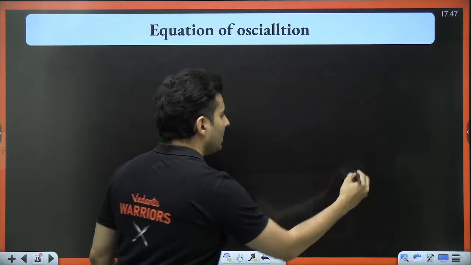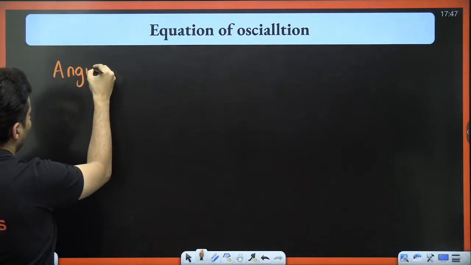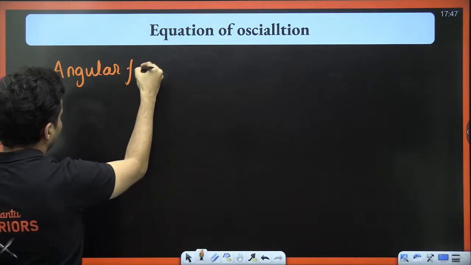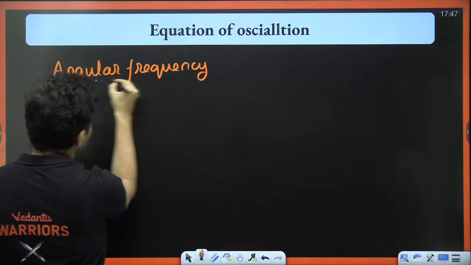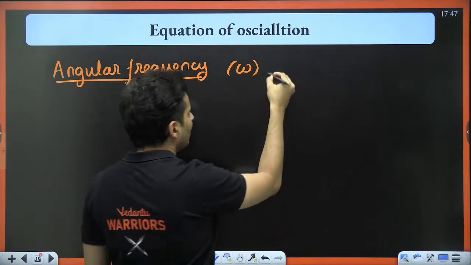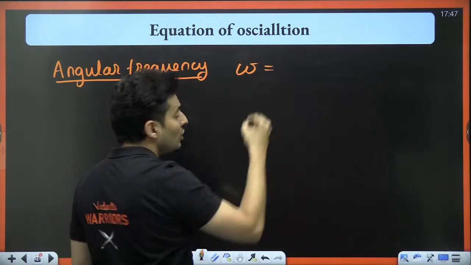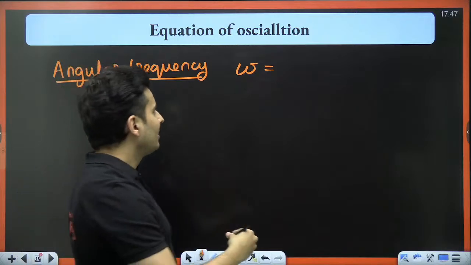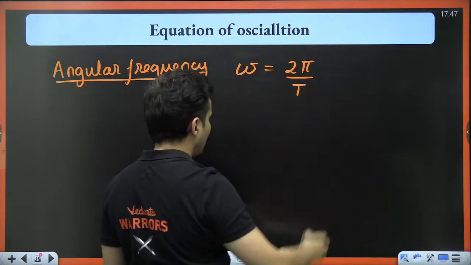Now we define a term called angular frequency, whose symbol is omega, and that omega, not to be confused with angular speed, is 2 pi divided by the time period.